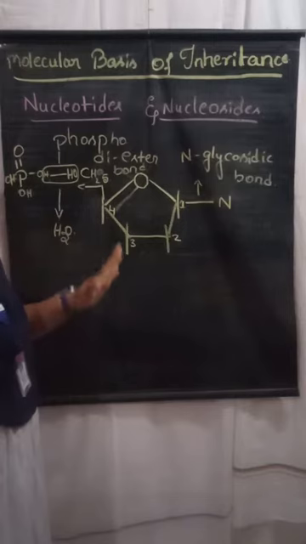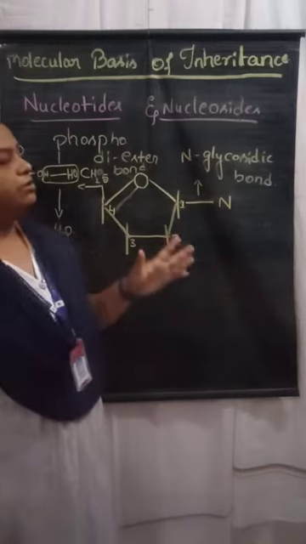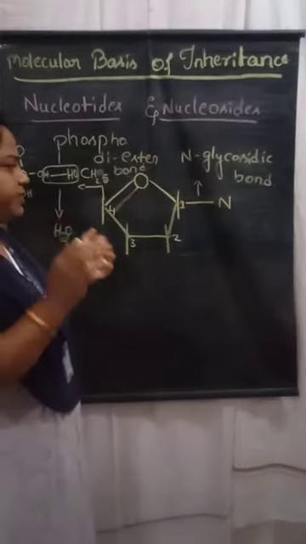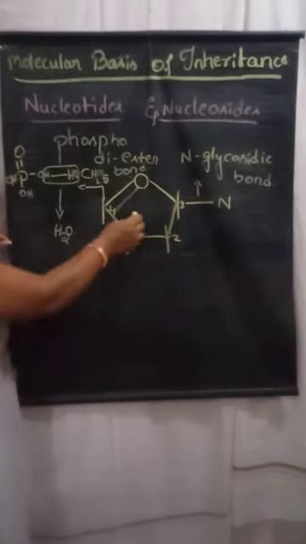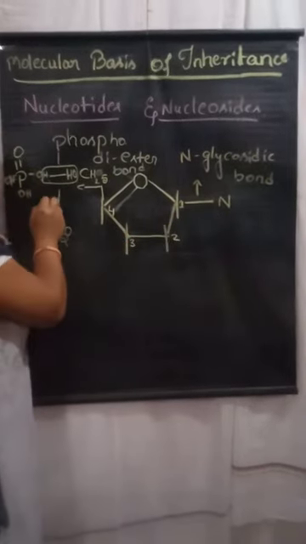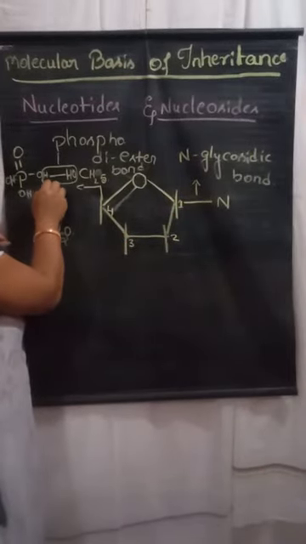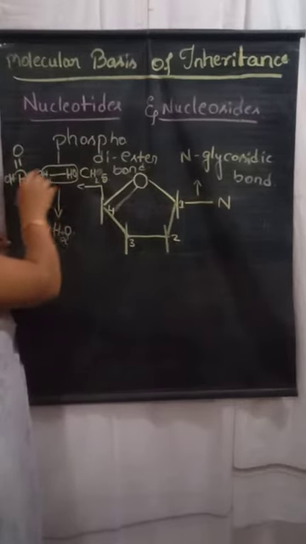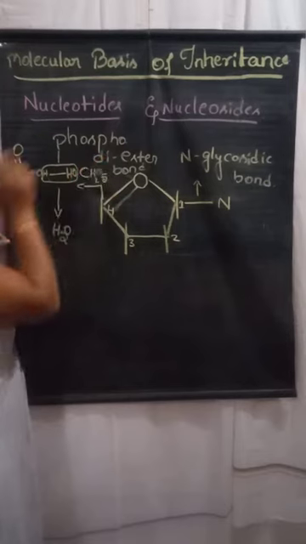So in order to understand nucleotides and nucleosides: the nucleotide includes a pentose sugar, nitrogenous bases, along with a phosphate group attached by the formation of the phosphodiester bond.